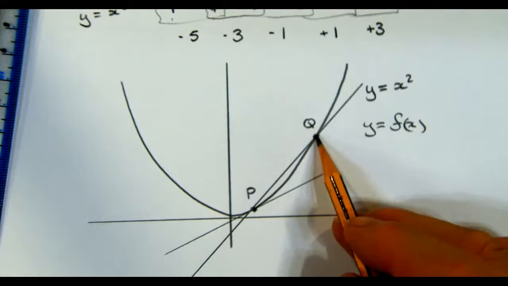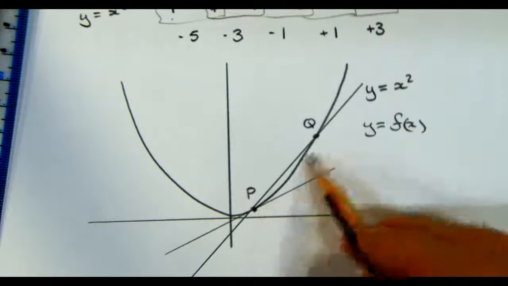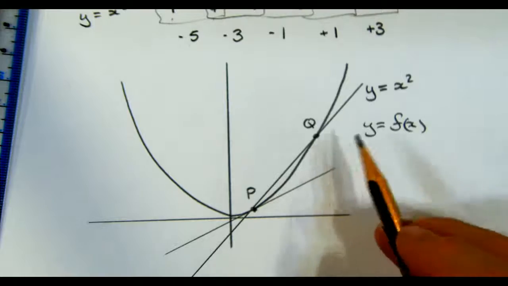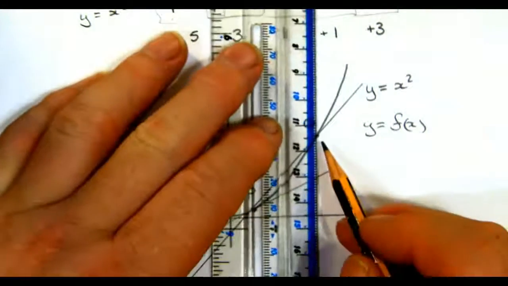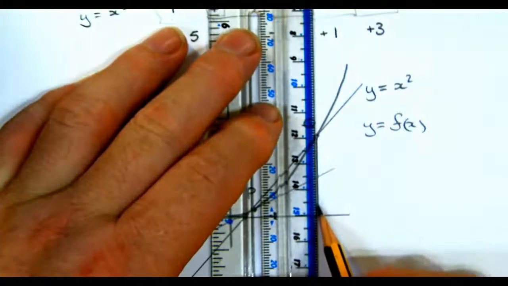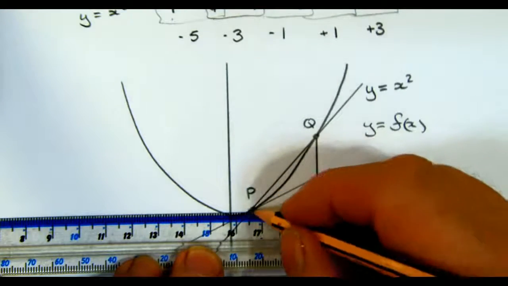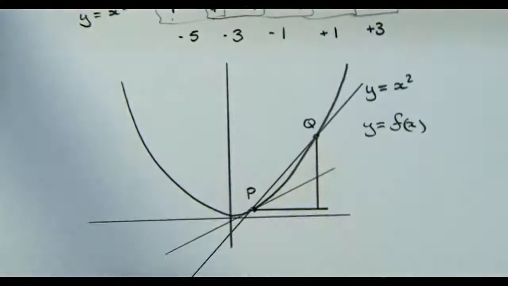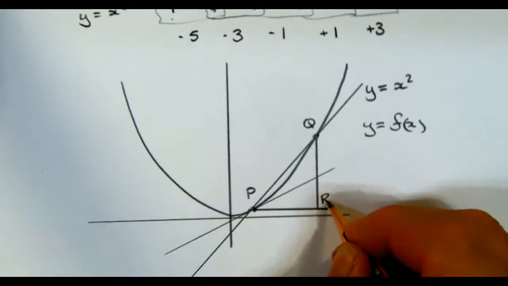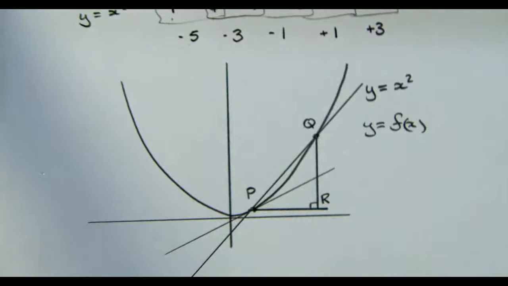Now we're going to imagine that Q is quite close to P, and if that's true, then we can drop down a perpendicular from Q, and join that up with the horizontal line from P, and we'll give this new point R. Now here we've got a right angled triangle.